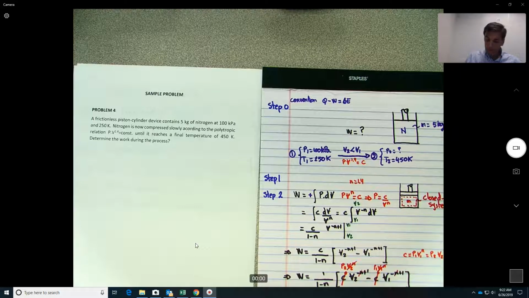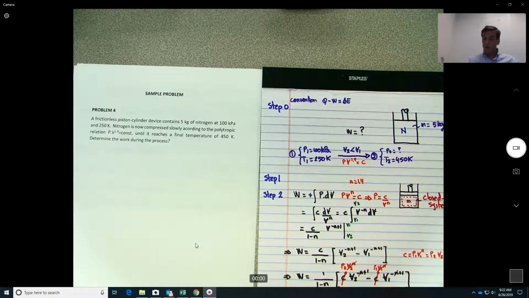So now I will stop over here and I will say, am I able to solve over here? Do I have all the information that I need? So let's try to find out. So in this problem, n is 1.4. We know that. Do we know P1? Yes, it is 100 kilopascals.